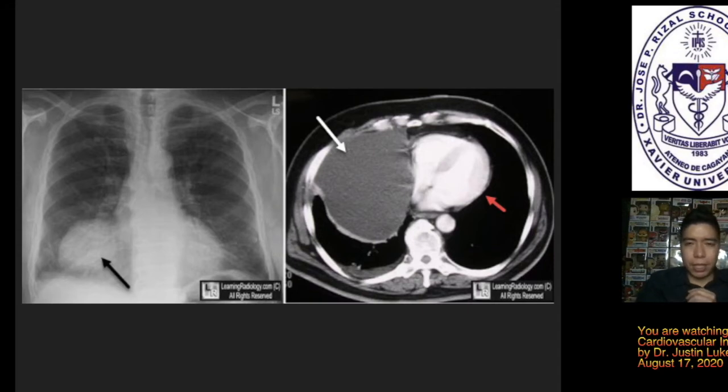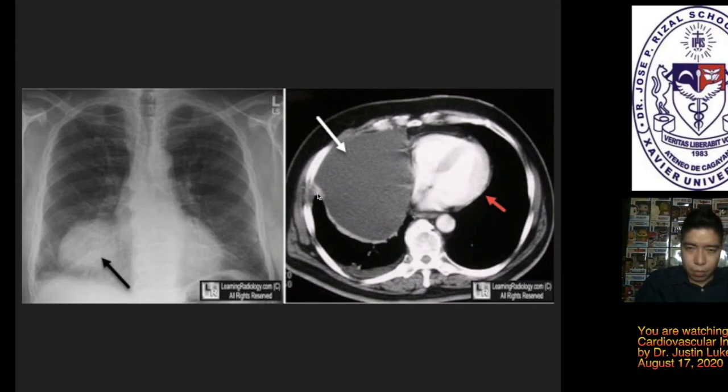Then another process that's important is your pericardial cyst. So this is an example. When identifying masses in the chest, we have to first localize if it's originating from the lung parenchyma or from the mediastinum. In this case, we know that it's arising from the mediastinal contour because the angle is outward.